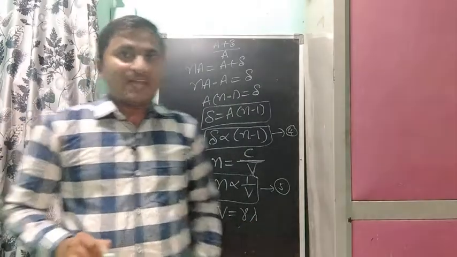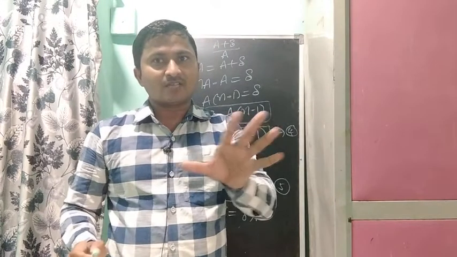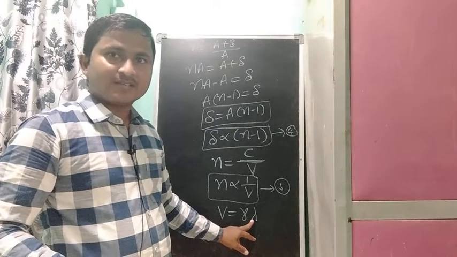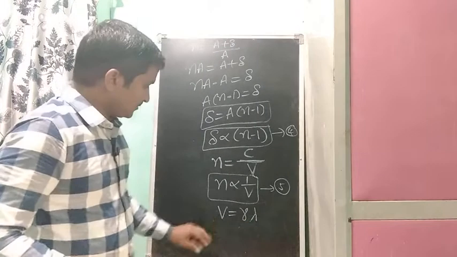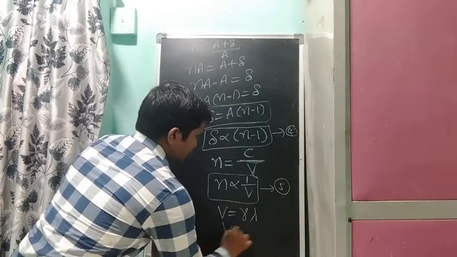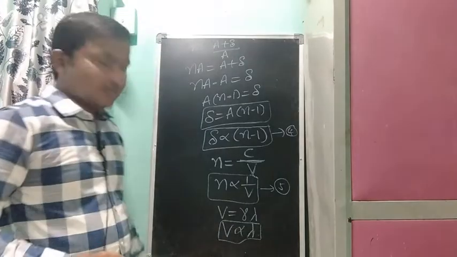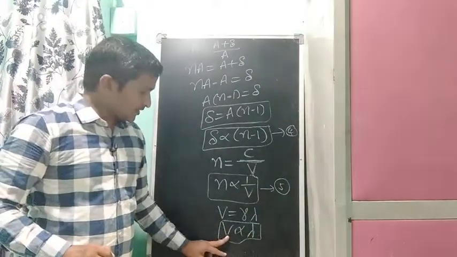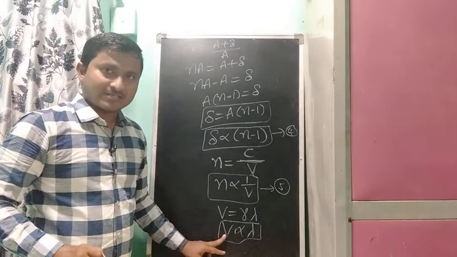But when the light ray moves from one medium to another medium, the frequency is not changed. Only the wavelength is changed. Then from this, v is proportional to lambda. From this expression, if wavelength is more, the speed of light is more. If the wavelength is less, the speed of light is less.